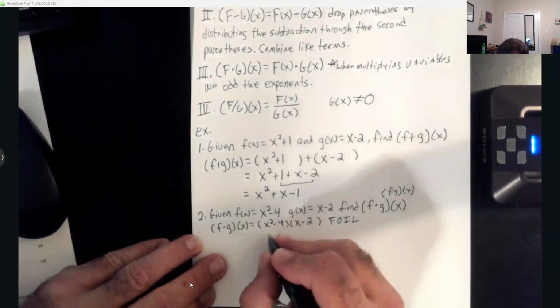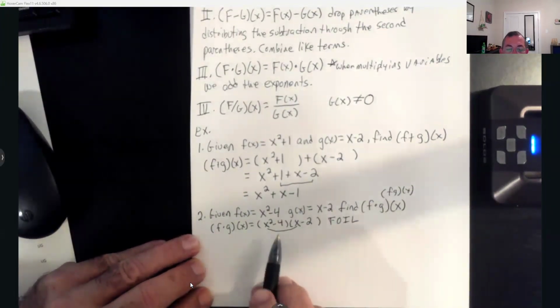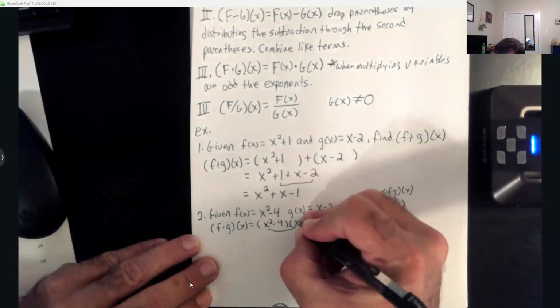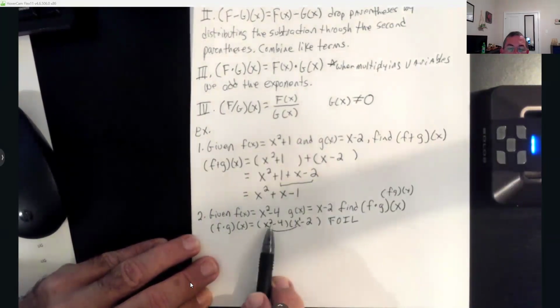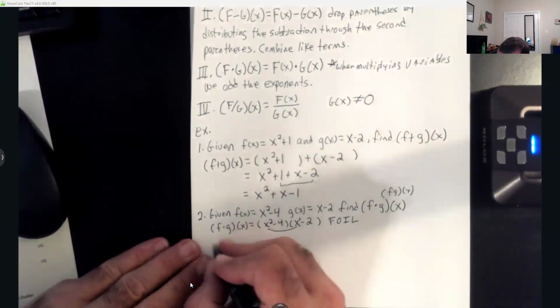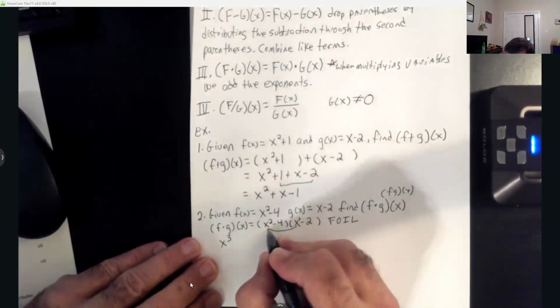So to FOIL, the first ones from each parenthesis. Well, that's the x squared times the x. Now remember, this x actually has an exponent of a 1 by it. So remember I said when you multiply, you add exponents. So 2 plus 1 gives me a cube. So I get an x to the third. Outermost.